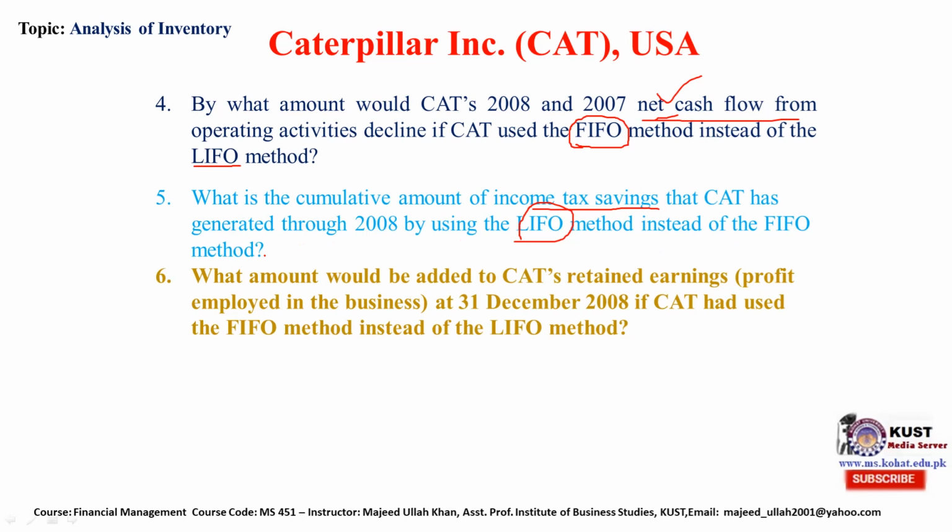What would happen to the income taxes? What amount would be added to Caterpillar's retained earnings, that is in the balance sheet? Profit is the other name used in USA for the business's income. At the end of December 2008, if Caterpillar used the FIFO method instead of the LIFO method.